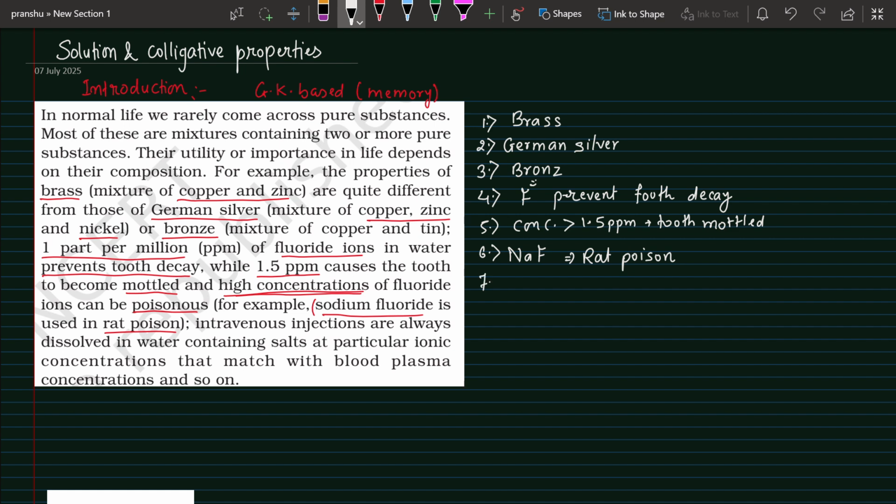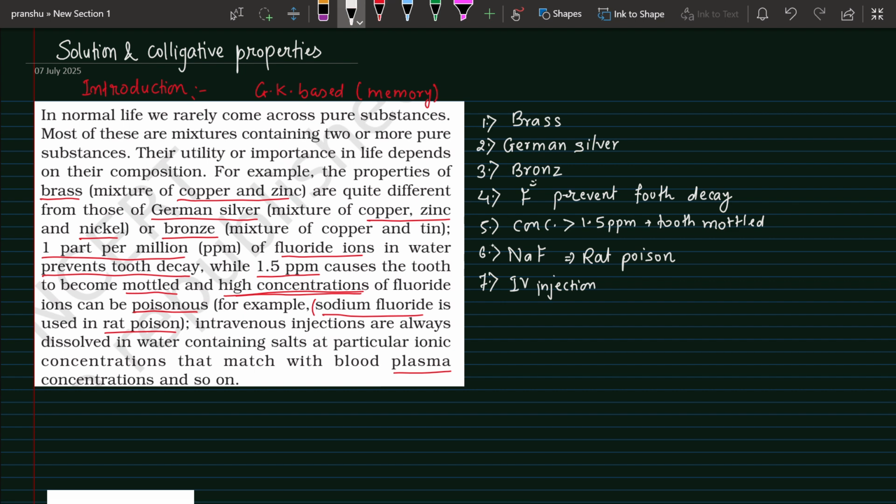Similarly, intravenous (IV) injections are also good solutions of salt, made to maintain the same concentration of ions as blood plasma. So these are the introductory GK based questions.